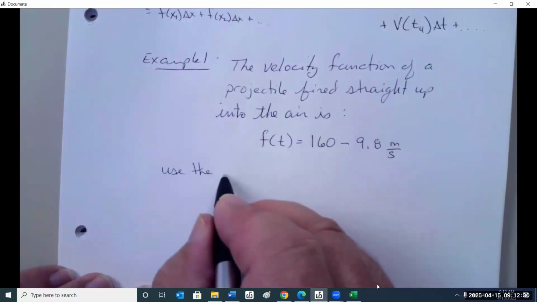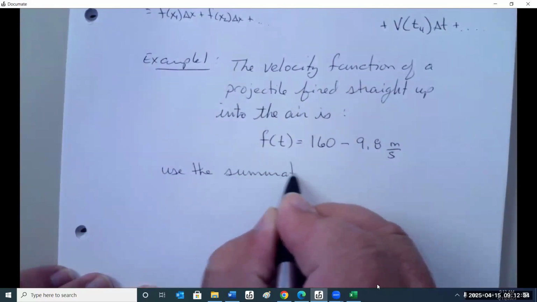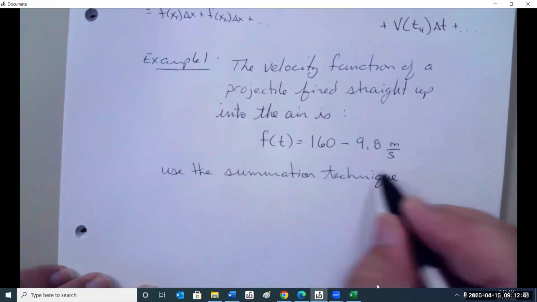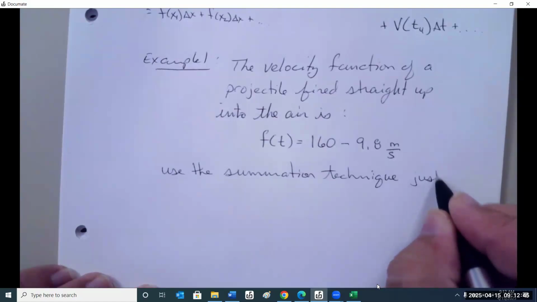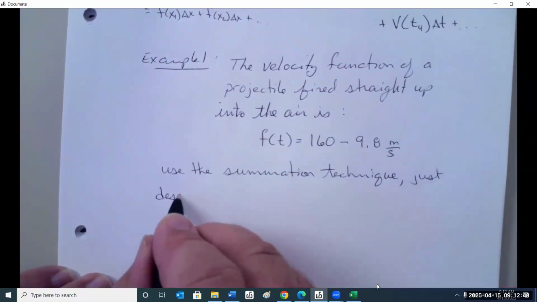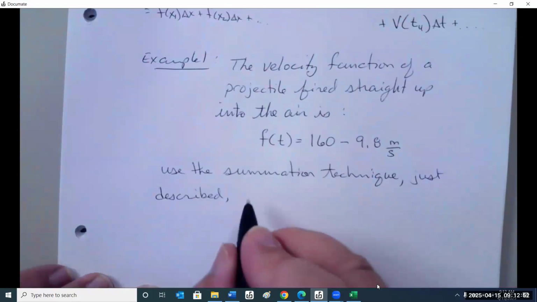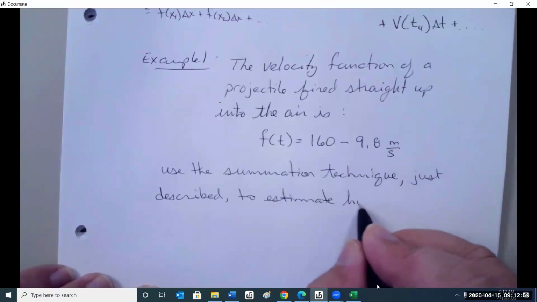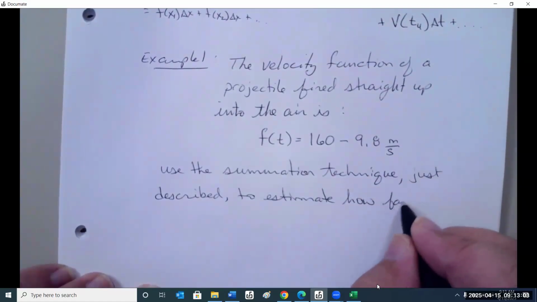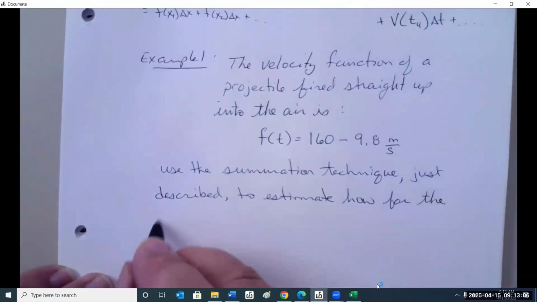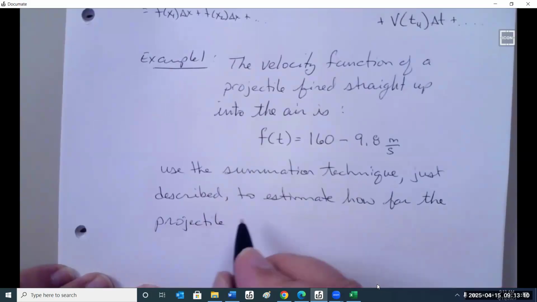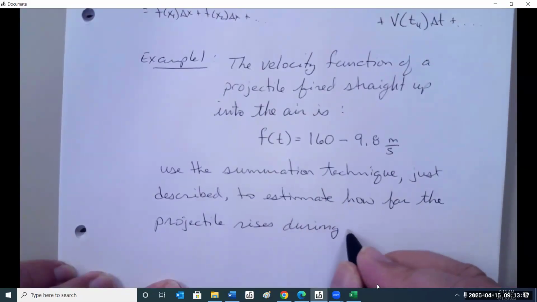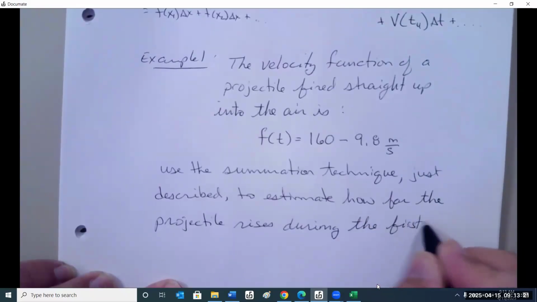It says use the summation technique just described to estimate how far the projectile rises during the first 3 seconds.